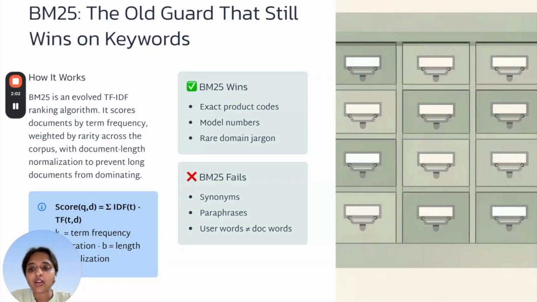With document length normalization, it prevents long documents from getting more priority or dominating the whole scoring here. BM25 fails for synonyms or paraphrases because it does not look for semantic meanings. It does mostly exact word matching. It's good for order numbers or any specific codes.